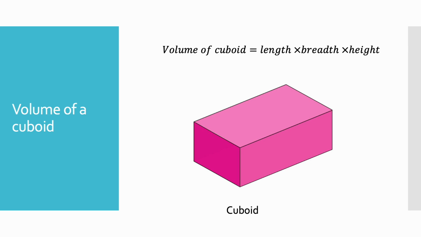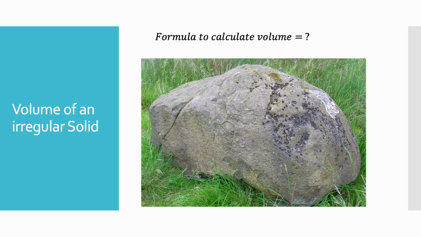To find the volume of this cuboid, we will use the formula volume equal to length multiplied by breadth multiplied by height. So just multiply all three sides and you will get the volume in cubic units like cubic centimeters or cubic meters. This formula works for many regular objects like books, bricks and shoeboxes.